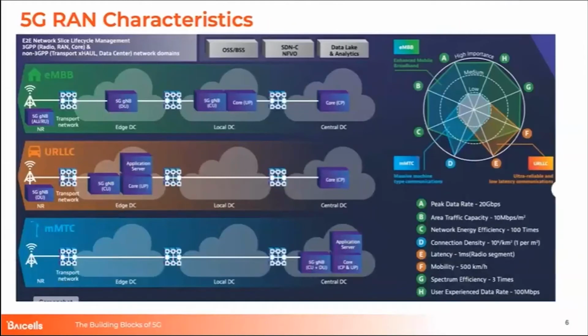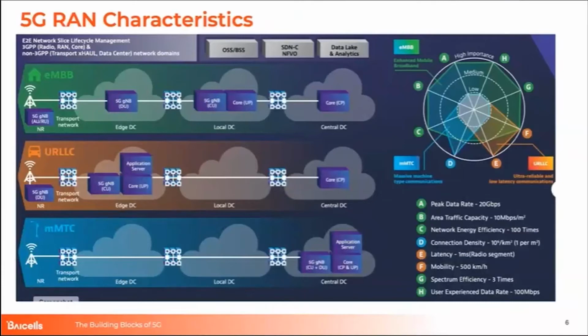This is another explanation, where I talked about the 3 drivers or 3 pillars, eMBB, URLLC and mMTC. If you look at this spider chart right here, the green is eMBB, and some of its features are packet data rates of up to 20 gigabits per second.